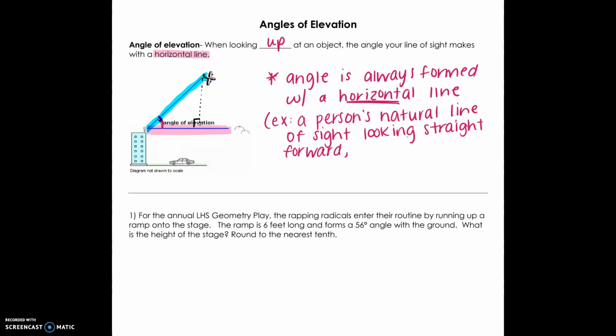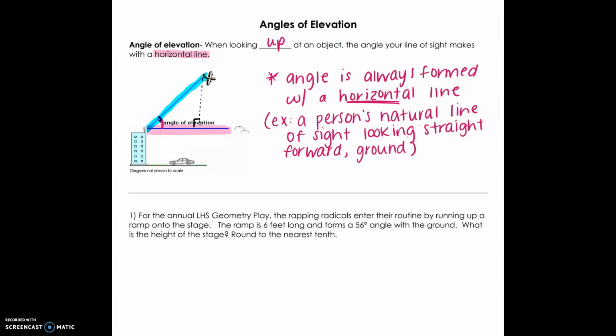Another example of our horizontal line that will help form the angle of elevation could be the ground. So if you are attaching a wire from the ground to the top of a flagpole to keep it held sturdy, the ground and the wire will form an angle of elevation, the ground being the horizontal line.